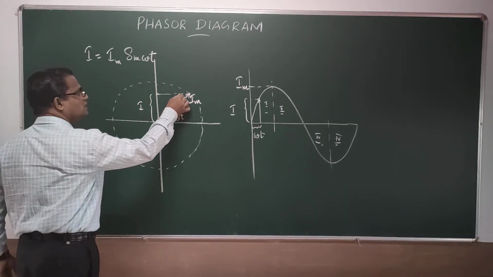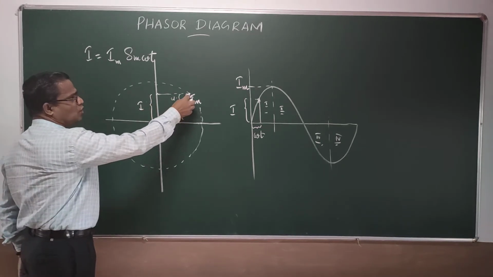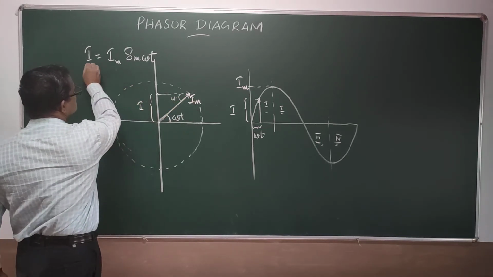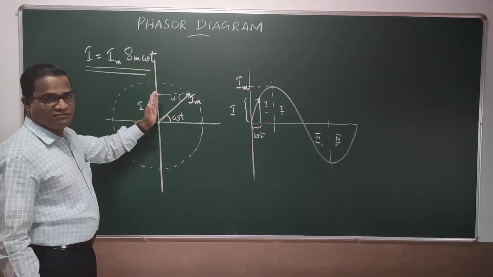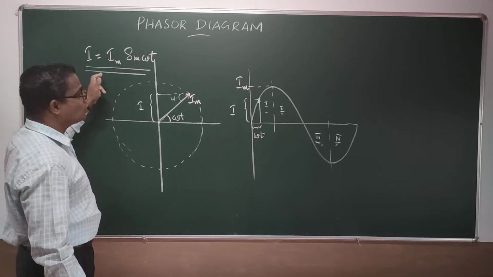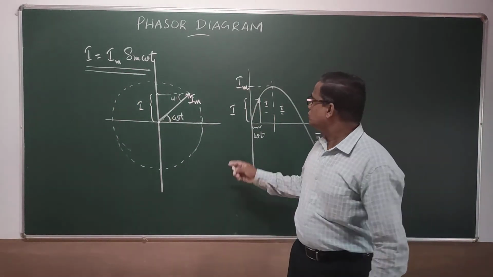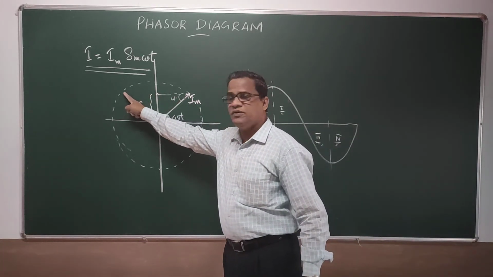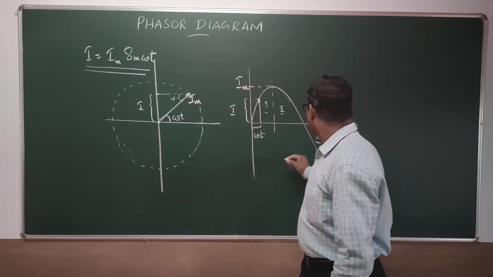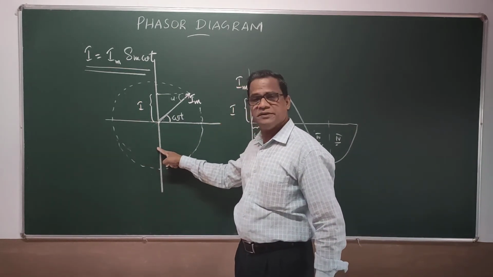This is omega t, this is also omega t, so this comes as the opposite side of this one. So it is I m sin omega t. Or you can take the resolving effect and also say I equals I m sin omega t. If the vector is on this side, it comes over here in the second quadrant, and the projection will be here.